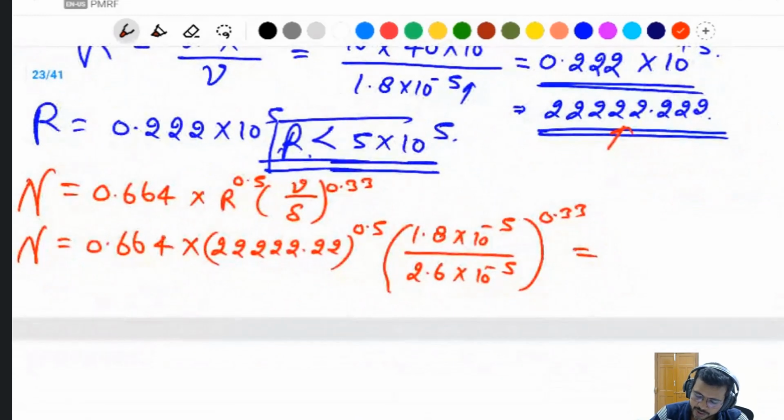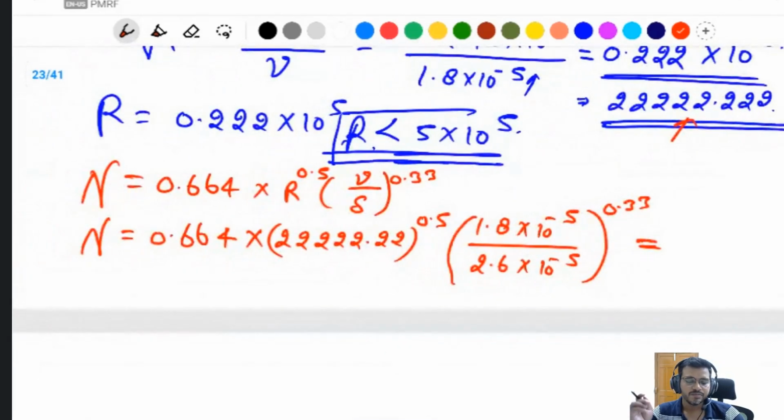Calculate the value of n from here. The 10 to the power minus 5 will cancel out: 1.8 divided by 2.6.